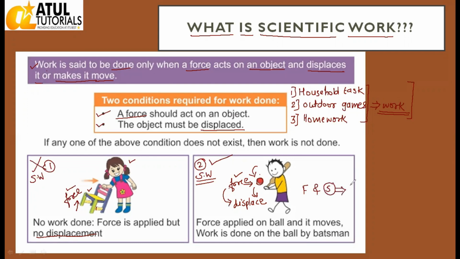Force is also there and displacement is also there. We use S to indicate displacement. Also we can use D. S or D, both the letters are used to indicate displacement.